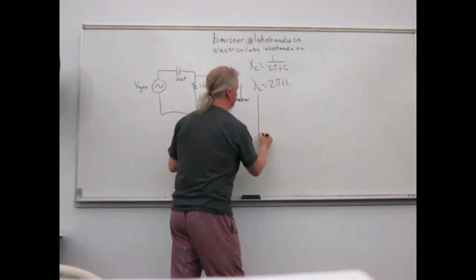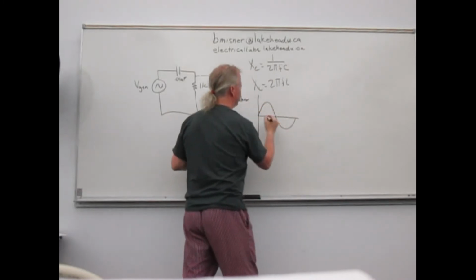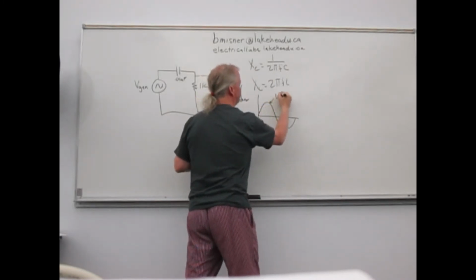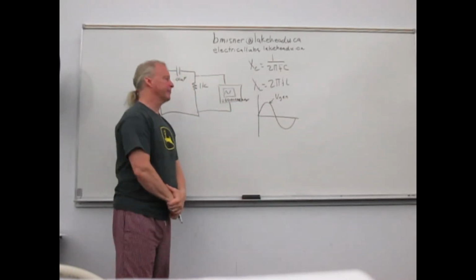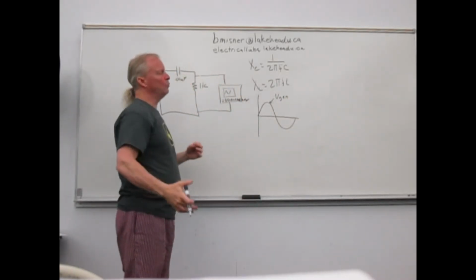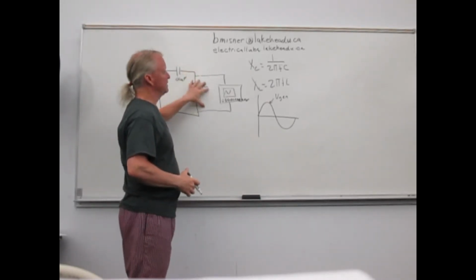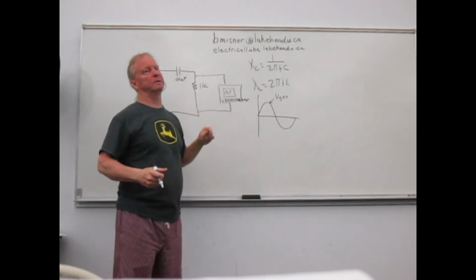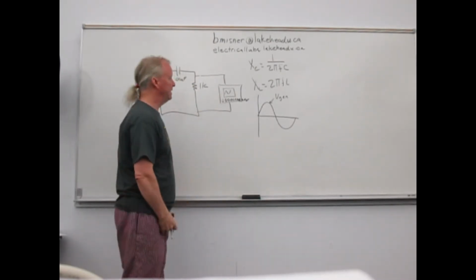So let's take a look at our sine wave, right? So here's our sine wave. This is our V gen. Okay? And what ends up happening is when these things are changing, it creates a phase shift. Okay?